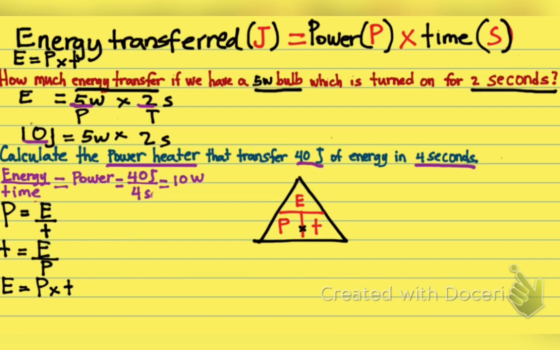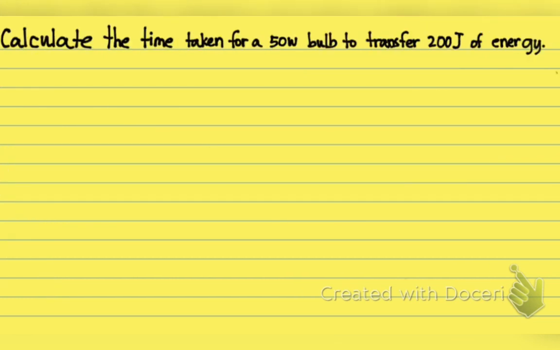So let us try to apply this formula triangle in our next example. Calculate the time taken for a 50-watt bulb to transfer 200 joules of energy. In this example, we are asked to calculate the time taken. The first thing I need to do is write my equation. It needs to be time equals. How do I work out time?